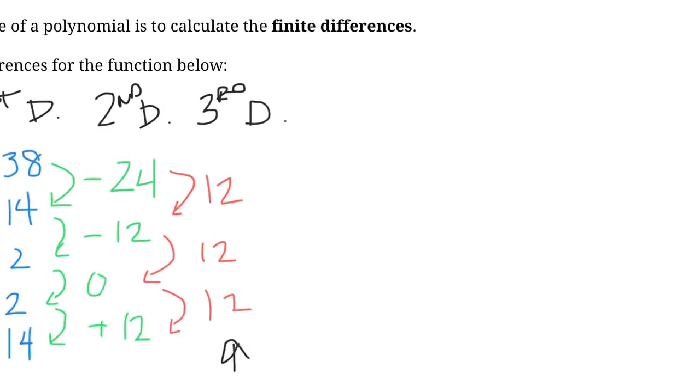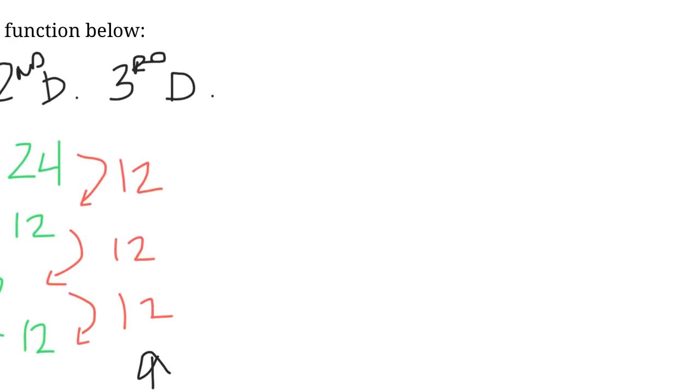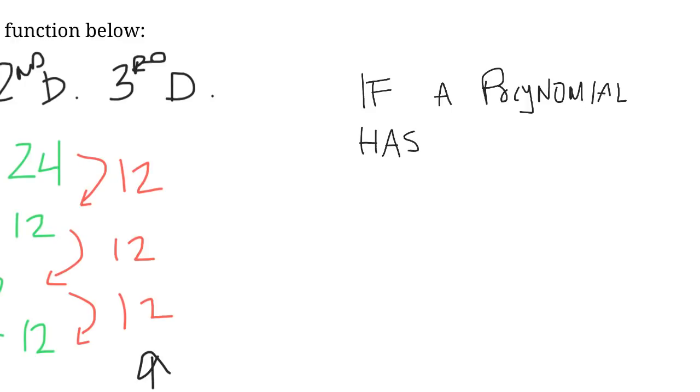So just to sort of summarize this on the side, if a polynomial has degree n, its nth differences should be the same.